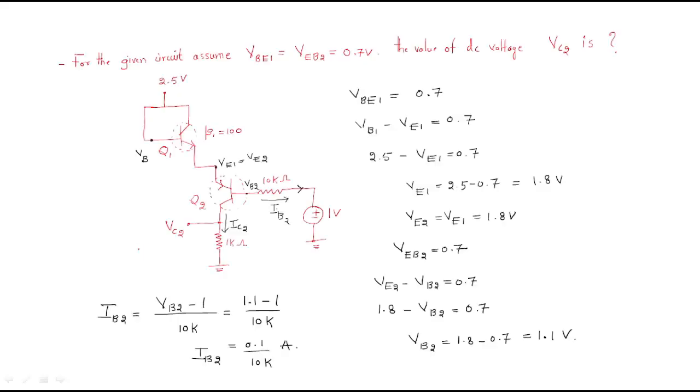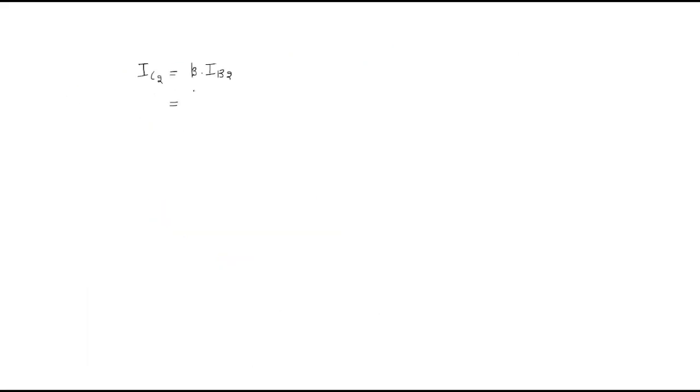Here beta 2 value, we will take as 50. So IC2 equals beta into IB2. Beta value you know is 50. What is IB2? IB2 is 0.1 by 10k.